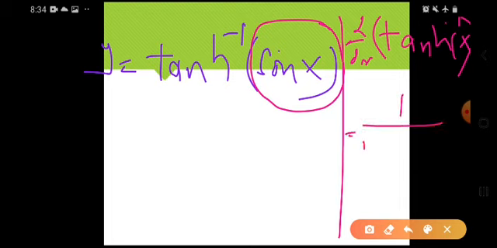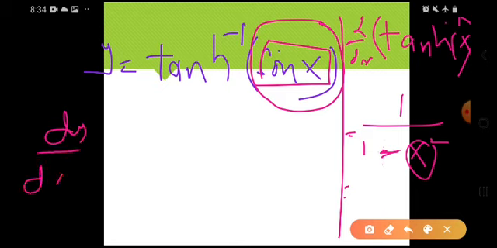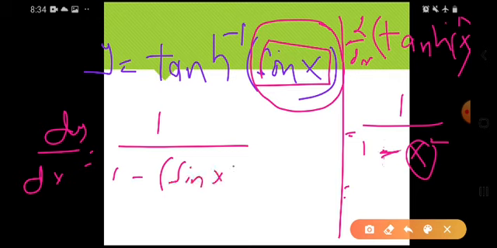It is 1 divided by 1 minus x square, right? So x being here in my question is sine of x. So it would be dy by dx is equal to 1 divided by 1 minus x whole square, मतलब sine of x का square, into d by dx of sine of x, this function, right?